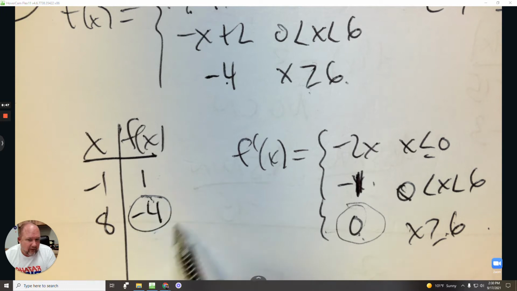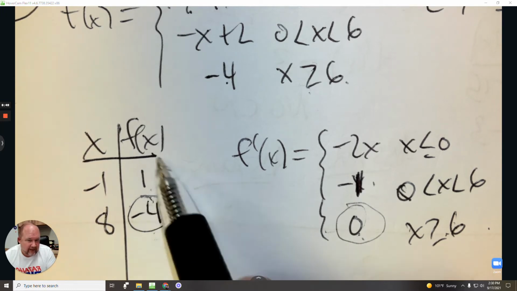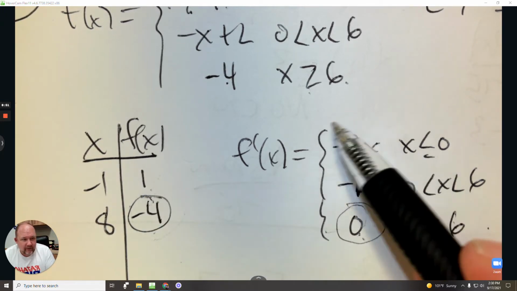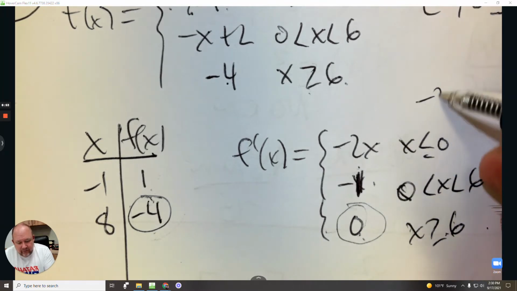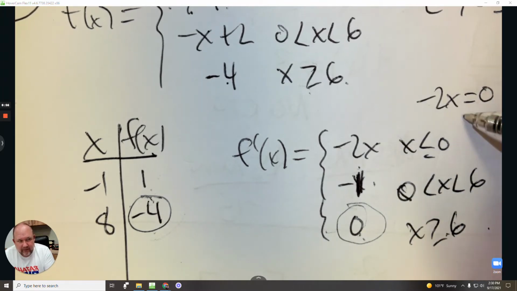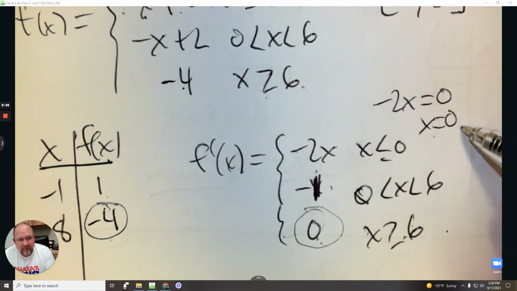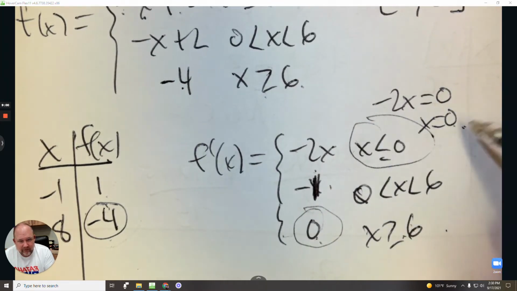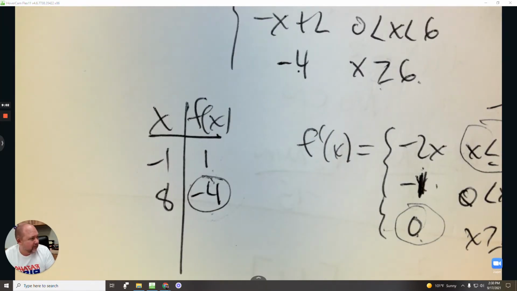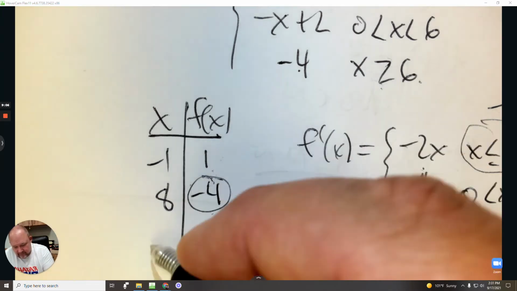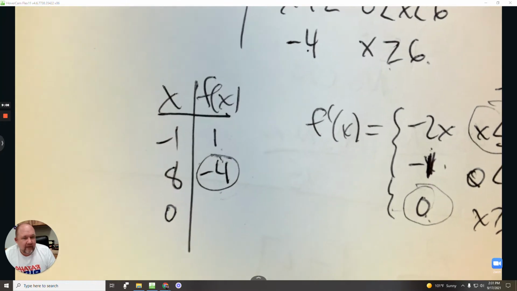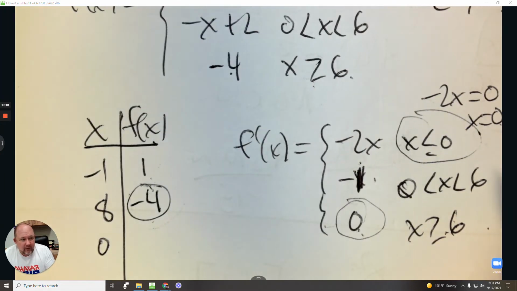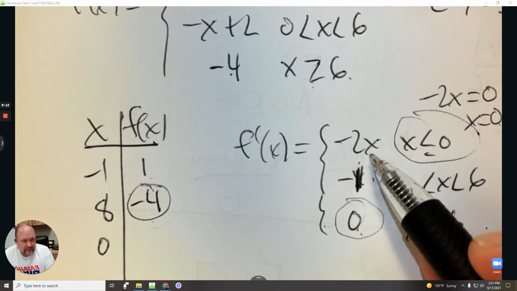So I'm looking at the y value, so I already have -4 to look at in 1. Here, the derivative here, if I make -2x equal to 0 and solve it, x equals 0 and it's in my restriction. So I need to include 0 on this list. So 0 belongs here.